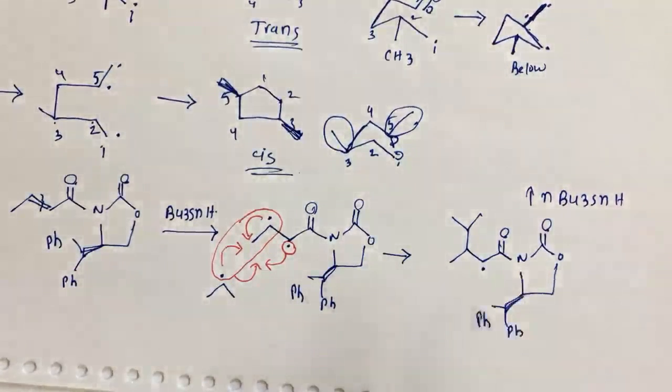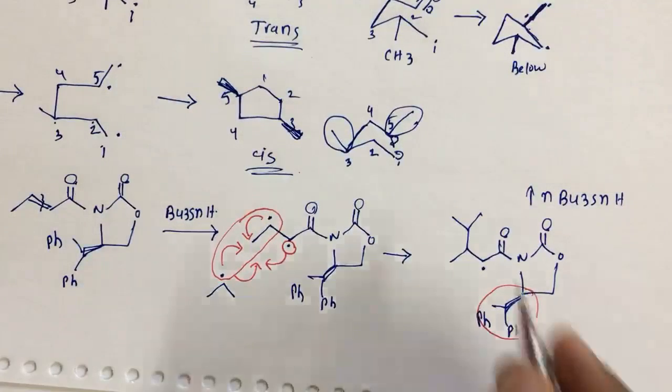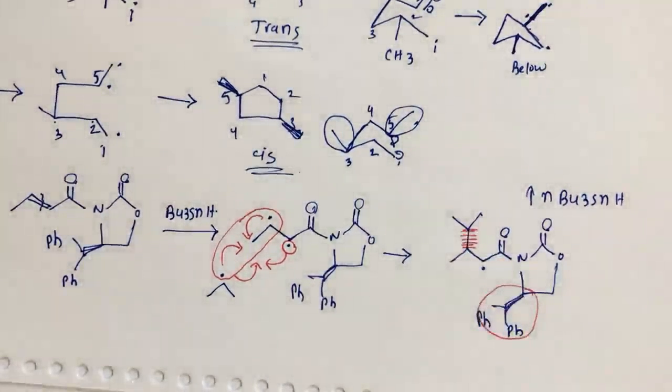And what about the stereochemistry for this? So here already this group is present above the plane, and this should come below the plane. So this is the stereochemistry in this case.